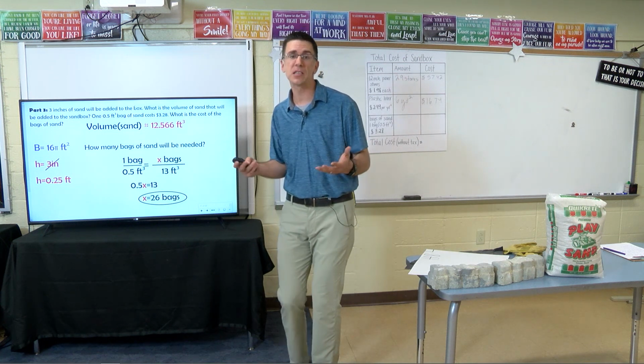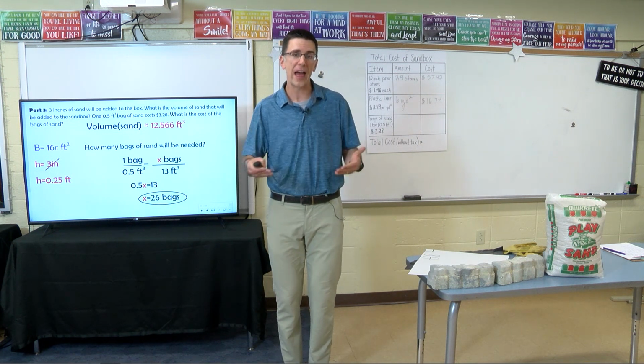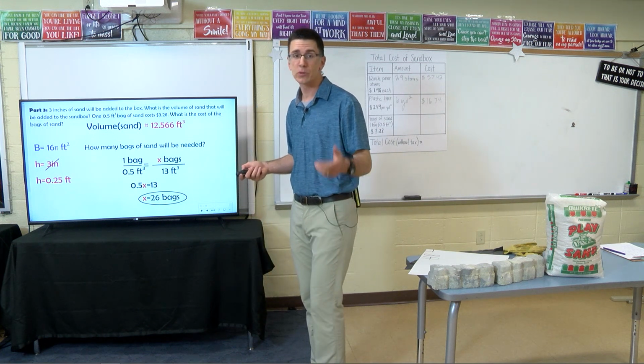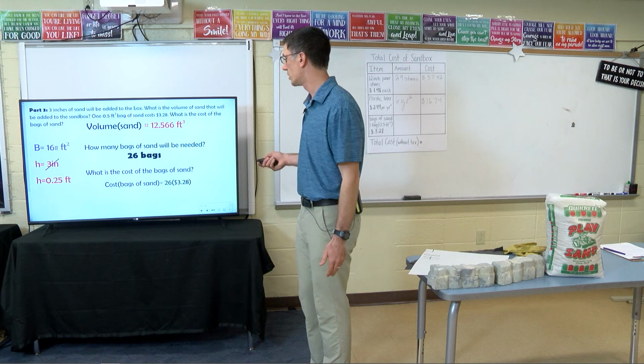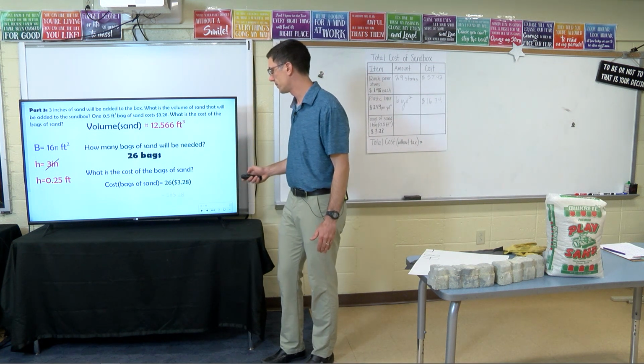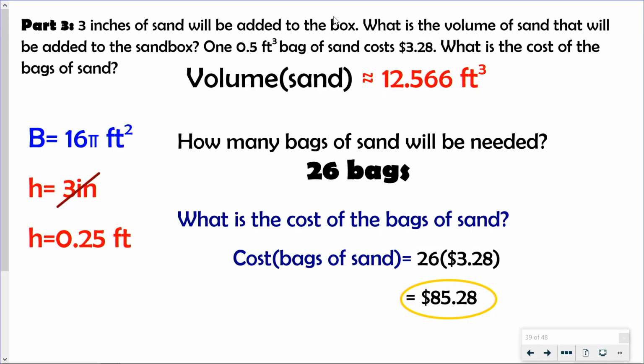Now, 26 bags of sand, how much will that cost? So now we're going to multiply 26 times the cost of each bag of sand. Okay, so 26 bags times 3.28, and that is $85.28.